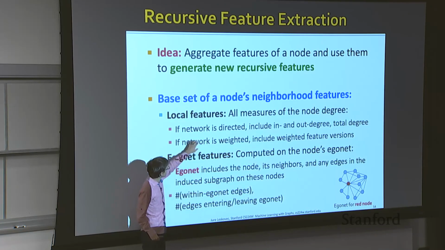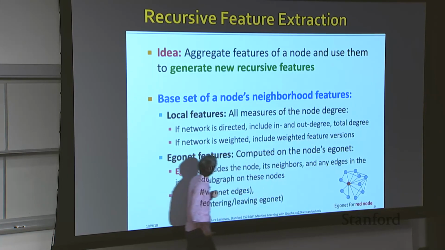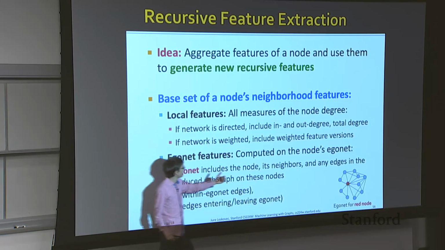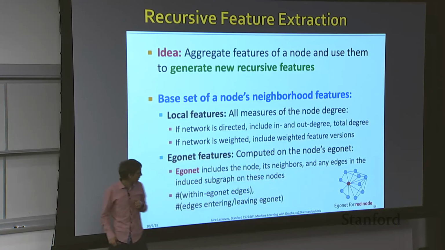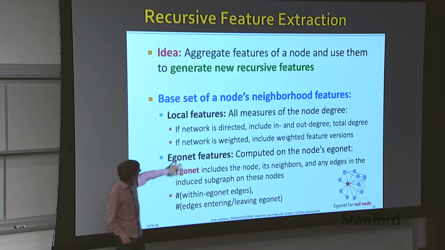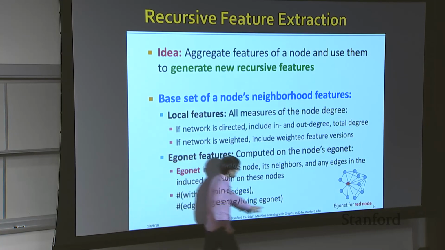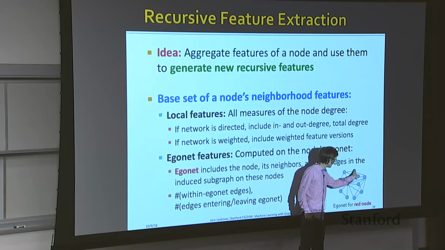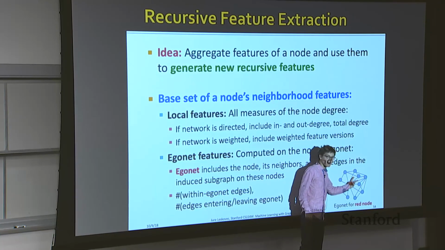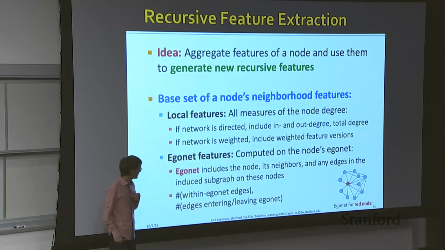If the graph is directed, this could be in-degree, out-degree, and total degree. If the graph is weighted, maybe this is the weighted degree, and so on. These are the base features. Then I will also create the ego network features, where I'm not just taking the node and the edges it has, but also the edges between the neighbors or friends of a given node. This is called an ego network.